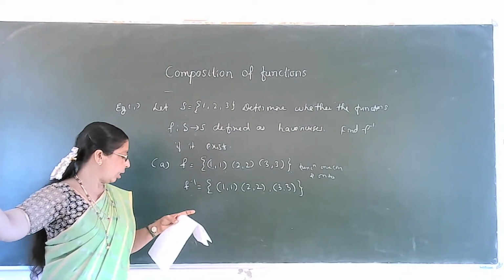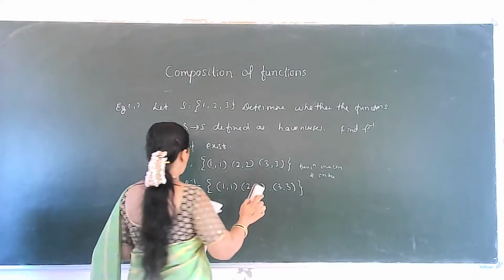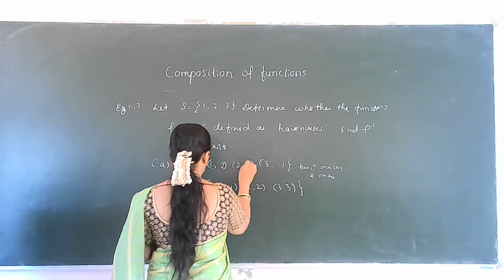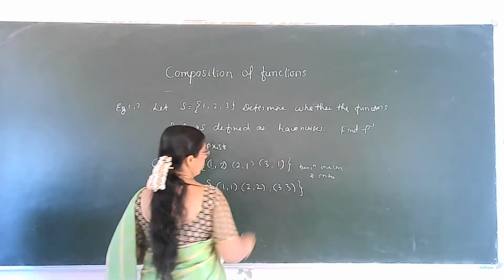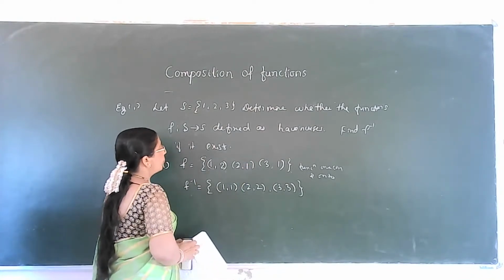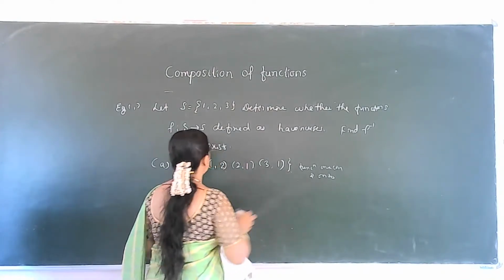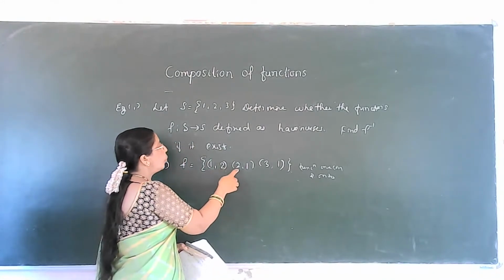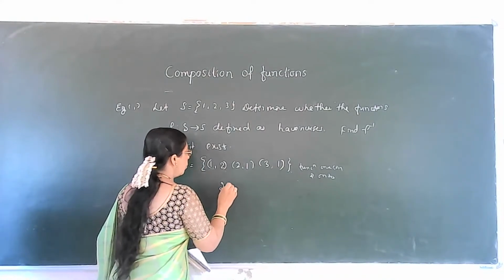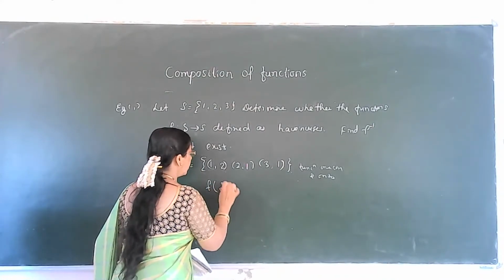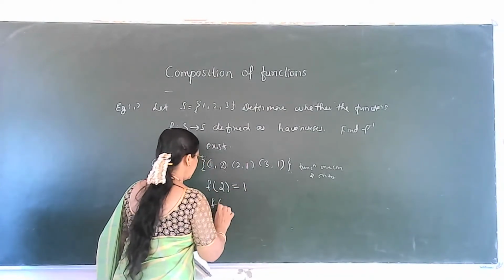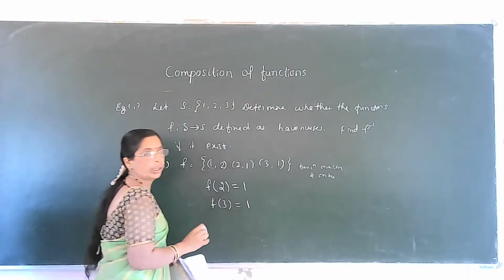Then another function given here is {(1,2), (2,1), (3,1)}. Here you check this one. 1 has the image 2, 2 has the image 1 and 3 also has the image 1, because f of 2 has image 1 and f of 3 also has the image 1.